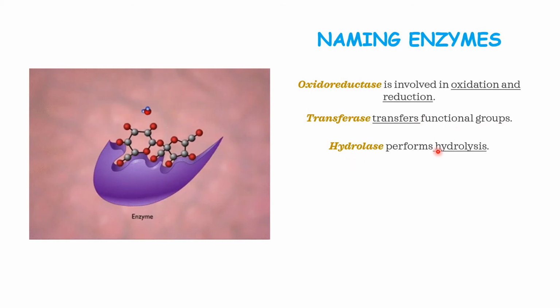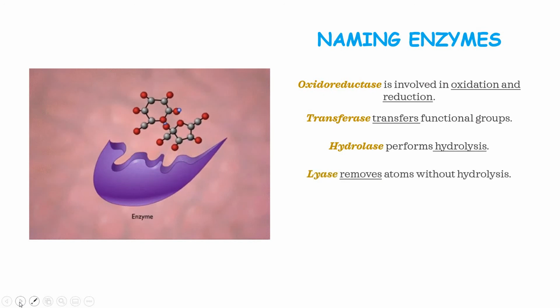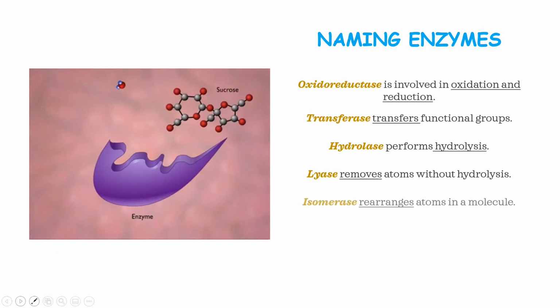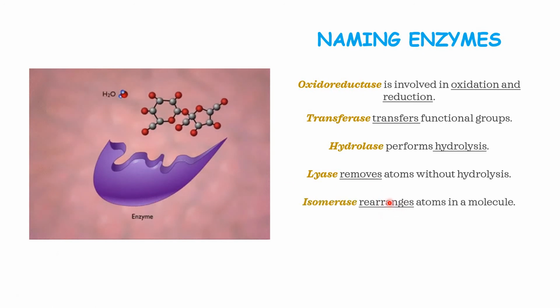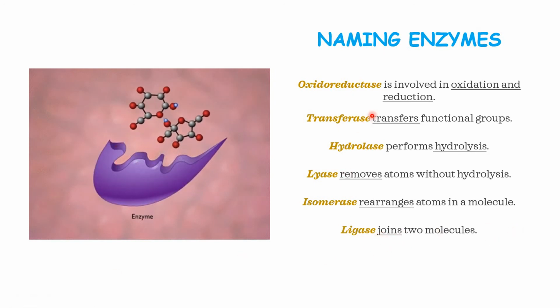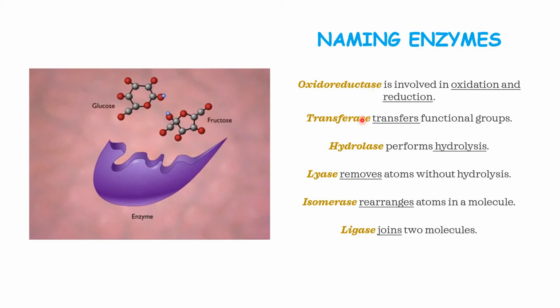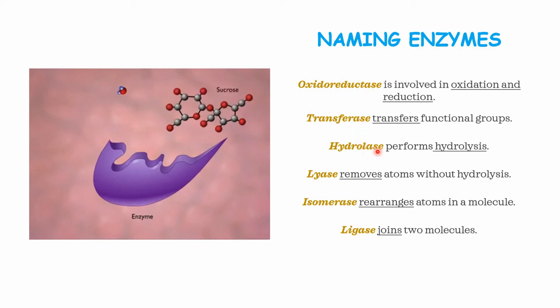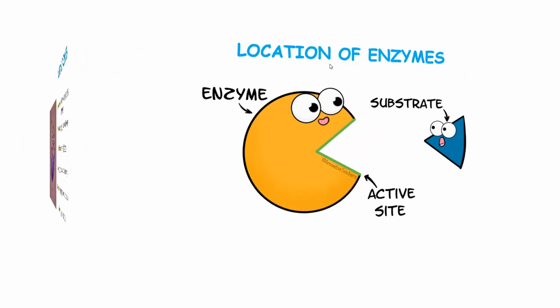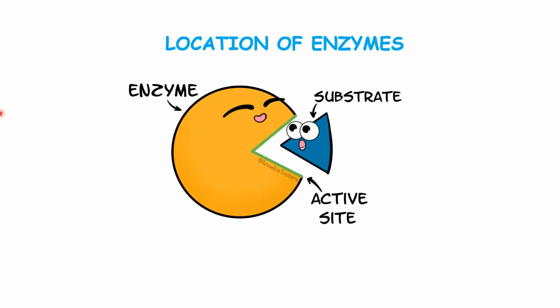Hydrolase performs hydrolysis. Lyase removes atoms without hydrolysis. Isomerase rearranges atoms in a molecule. Ligase joins two molecules. Technically yung pinaka common nila talaga is yung ASE. That is their suffix. Now, we know how to name them.